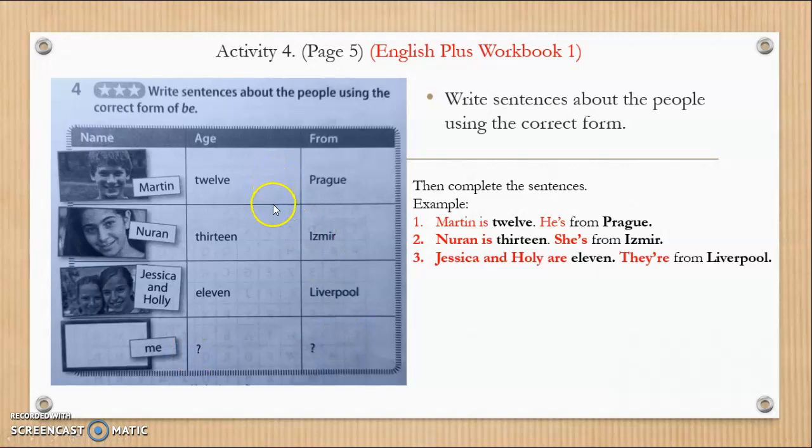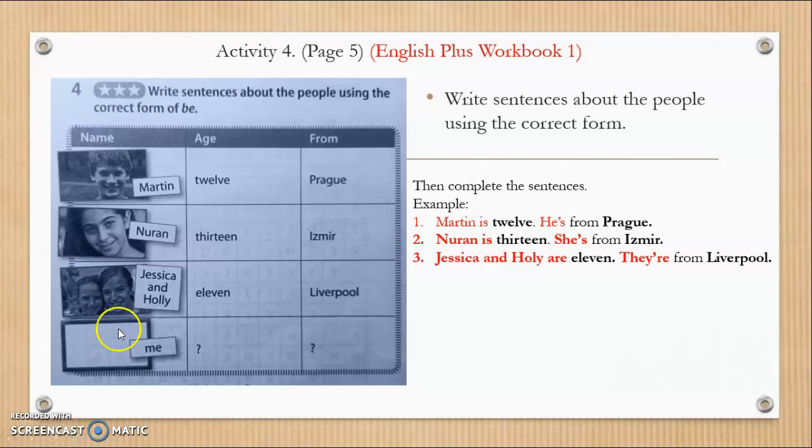English Plus Workbook, right? In your exercise book there are the names of your friends: Martin, Noran, Jessica, and Holly. The fourth one is me. Me means you, alright? For them, you write your name.